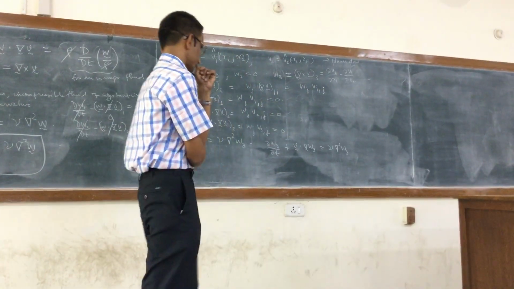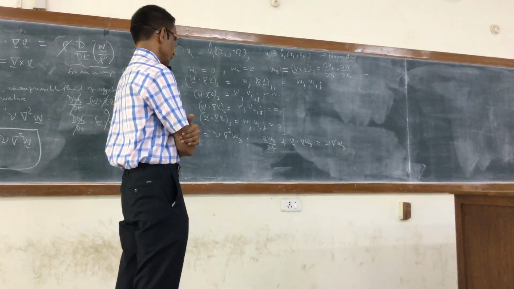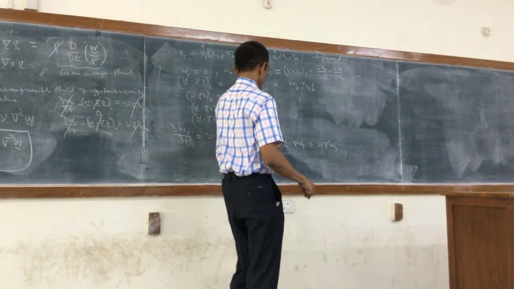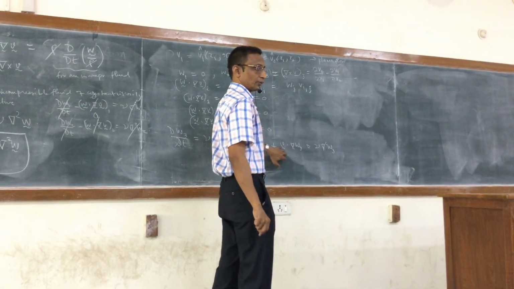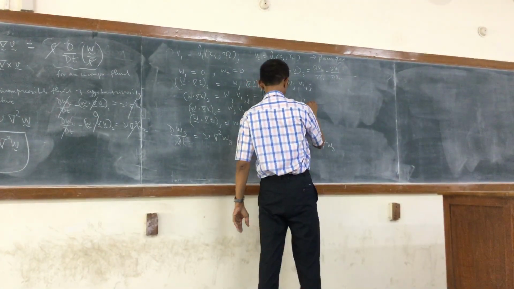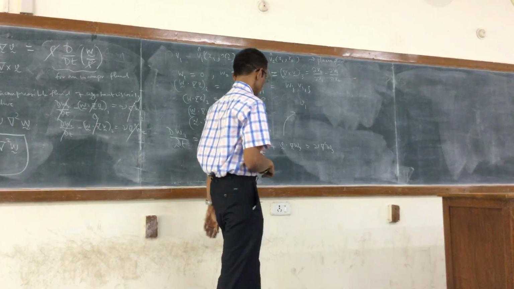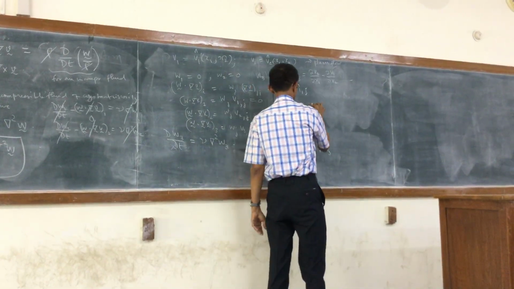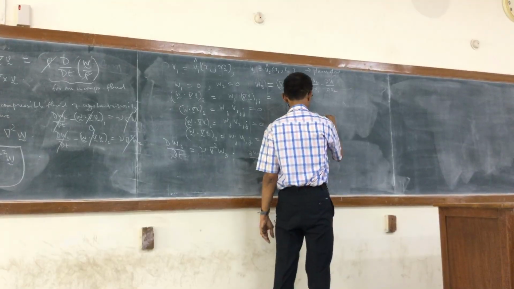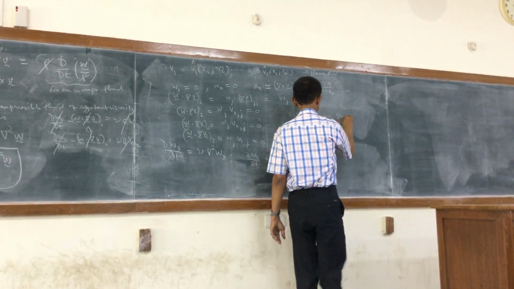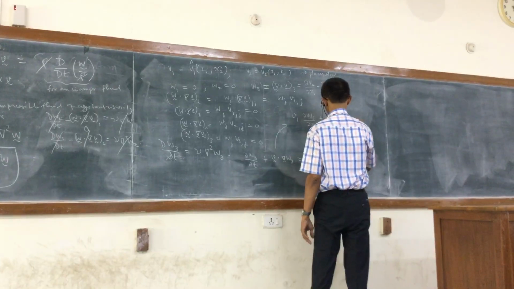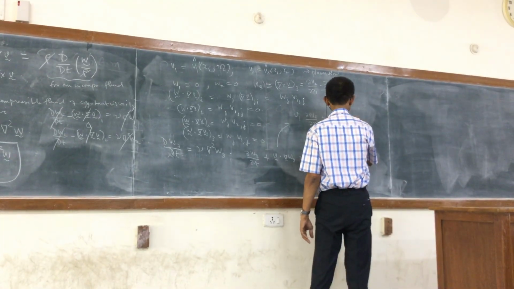So what is this? This is clearly not quite zero. We don't expect it to be zero because V1 and V2 are not zero. So let's write it out in full. This is V1 dW3 by dx1 plus V2 dW3 by dx2 plus V3, that is zero.